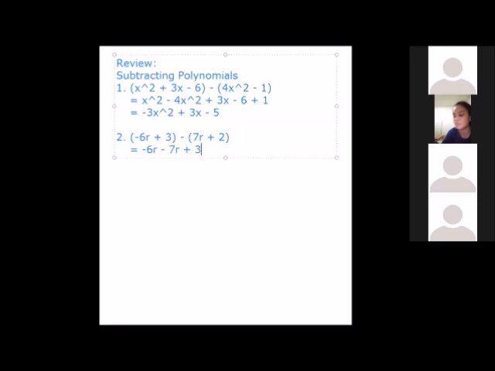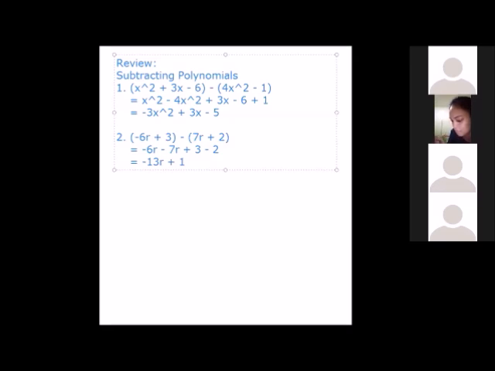That's your final answer. And Han, you also started it correctly with your negative 6r minus 7r, the additive inverse of 7r, and then plus 3, and then your constant plus 2 will be minus 2. Han, do you agree with Jude's final answer? Yes. Negative 13r plus 1. Okay, good job.